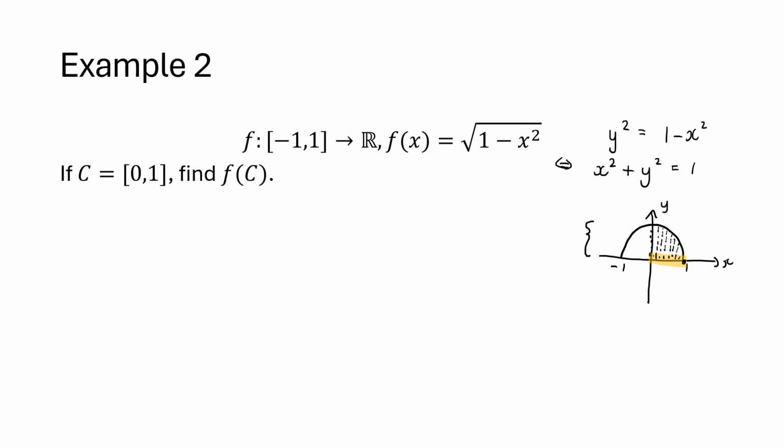So the y values that are covered here mean we are working from a height of 0 up to and including a height of 1. This is our image f of c, which is in fact also the range of the function. So in this case, restricting the domain to the interval from 0 to 1 has no effect on the range.